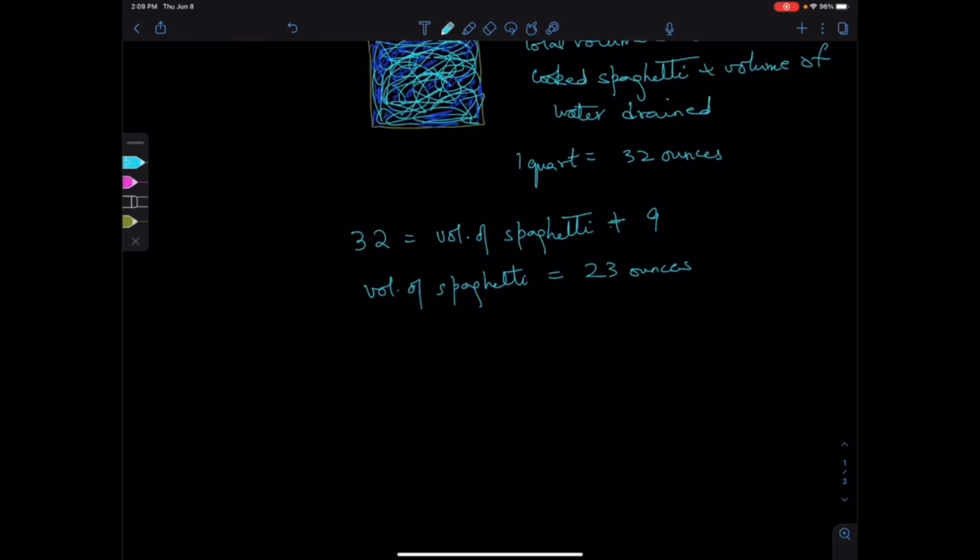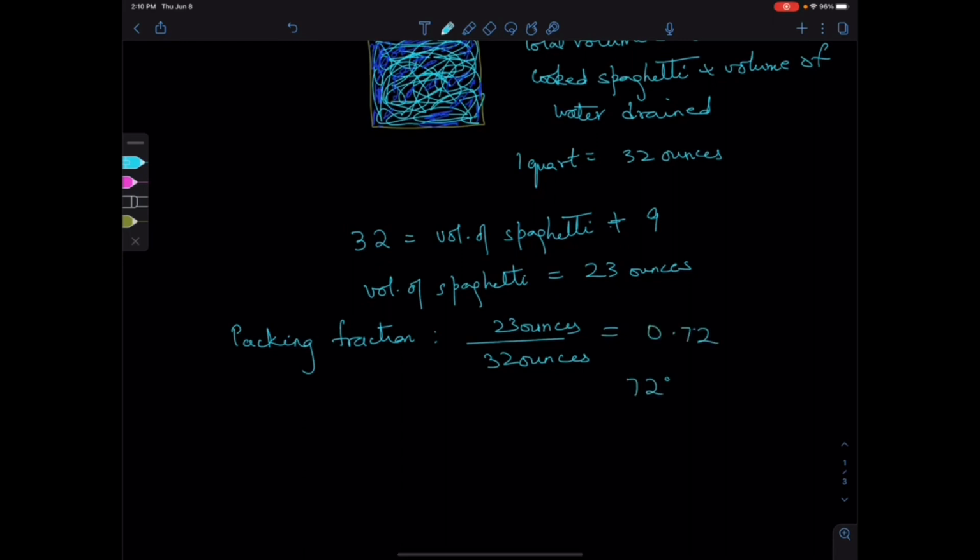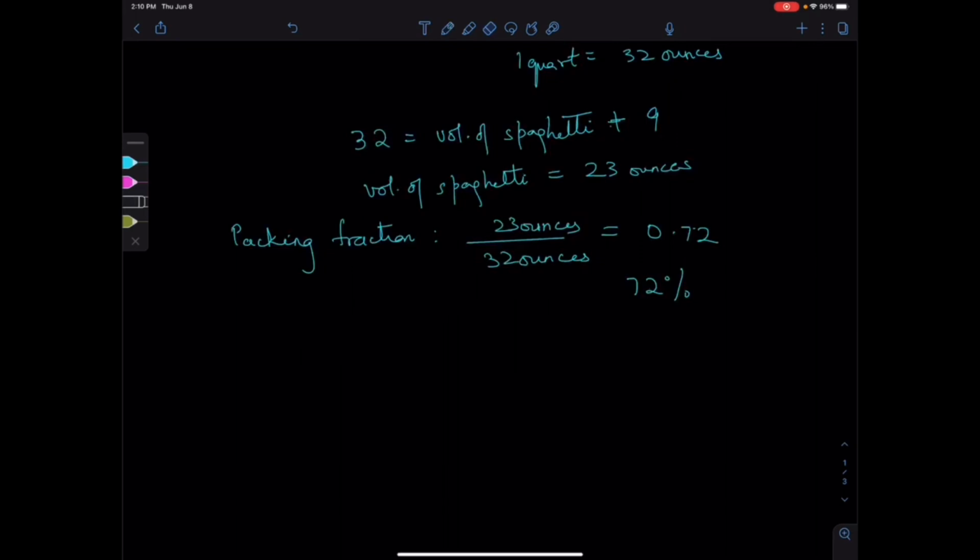Packing fraction for this cooked spaghetti is volume of spaghetti, which is 23 ounces over 32 ounces, which is 0.72 or 72%.